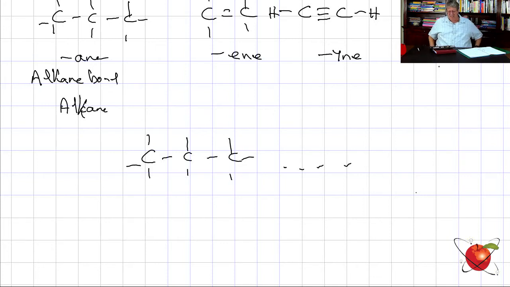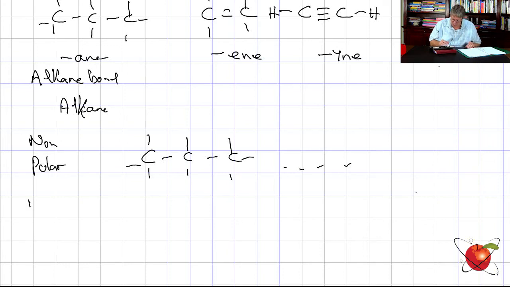Now, the next one is the same element, so it's methane, ethane, propane. Another one comes and sits on top. First of all, this, as it is, has got hydrogens, and remember, it's nonpolar. Why?